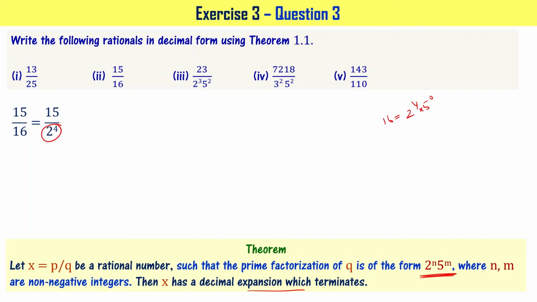You said that n and m are non-negative integers. It means I can have n or m as 0. This is non-negative integer only, right?